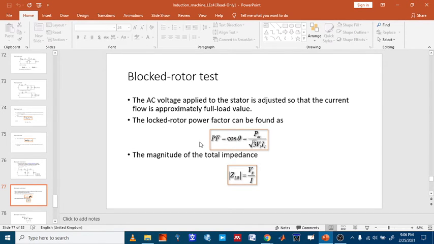It's very relevant. Let's calculate the locked rotor power factor. It's given by P over root 3 VL IL, because we all know that P equals root 3 VL IL cos phi. In the locked rotor test, we will be able to measure P in, the power, the line voltage, and the line current.